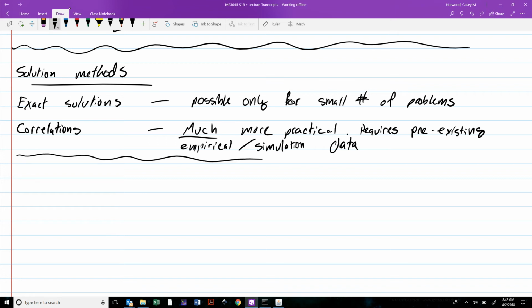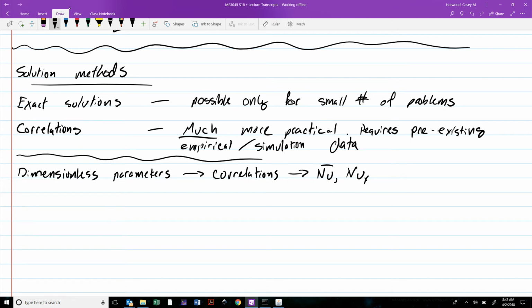So that workflow works on the basis of finding dimensionless parameters, which we plug into our correlations to find the Nusselt number, whether that's a mean or a local Nusselt number, and we use that to find h or h_x respectively, and use that to find q or q double prime.